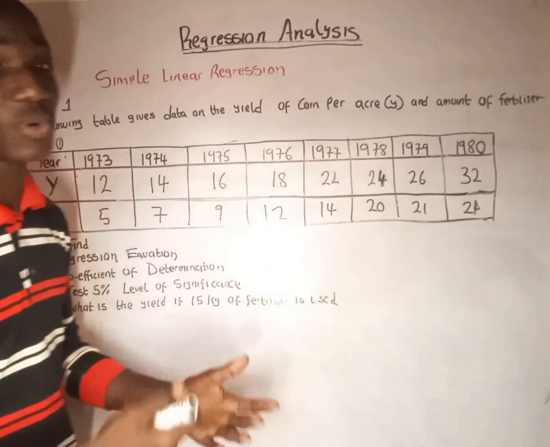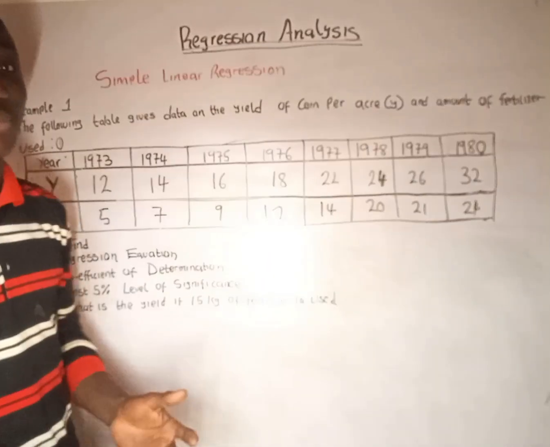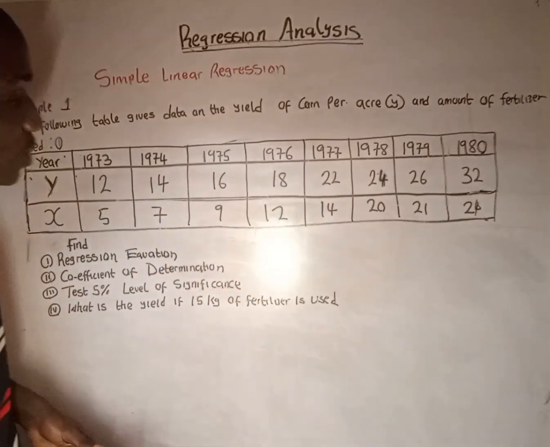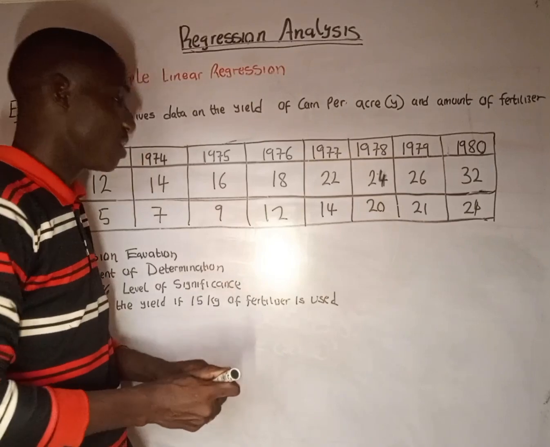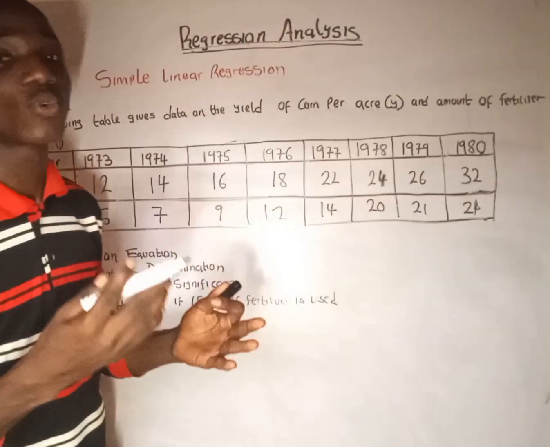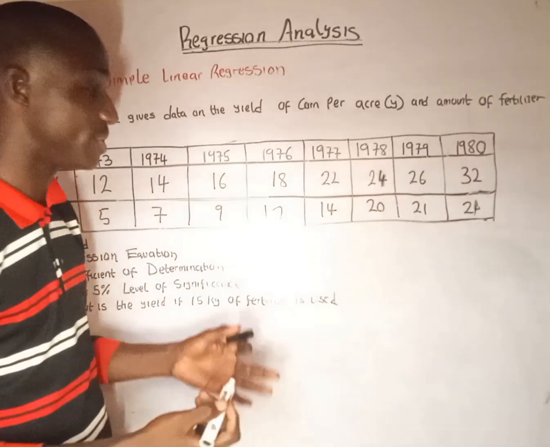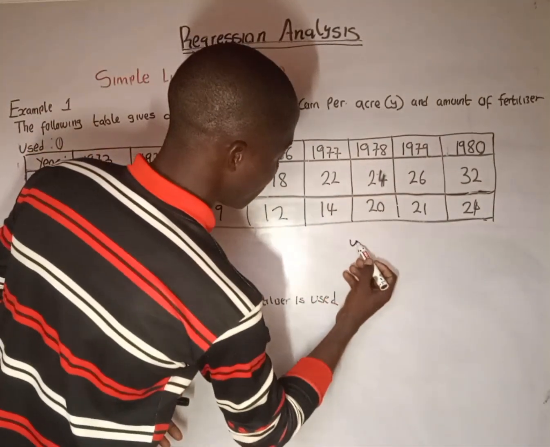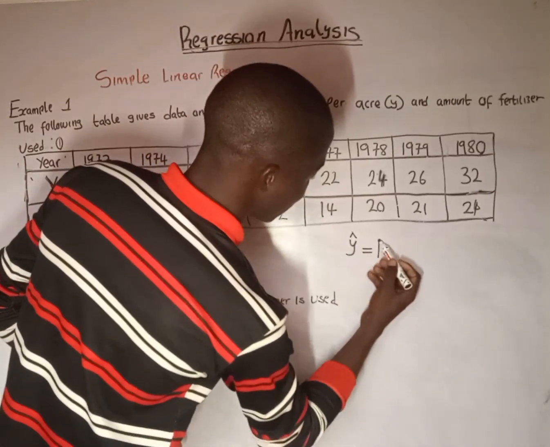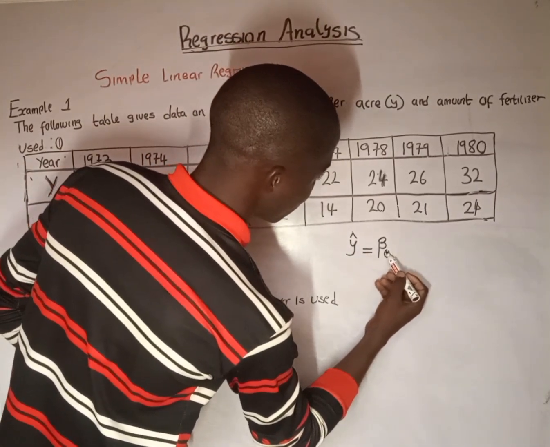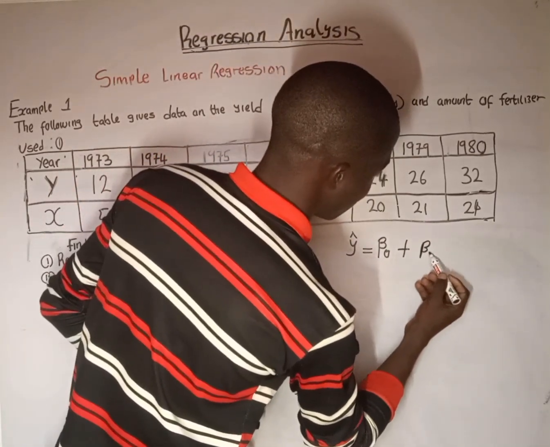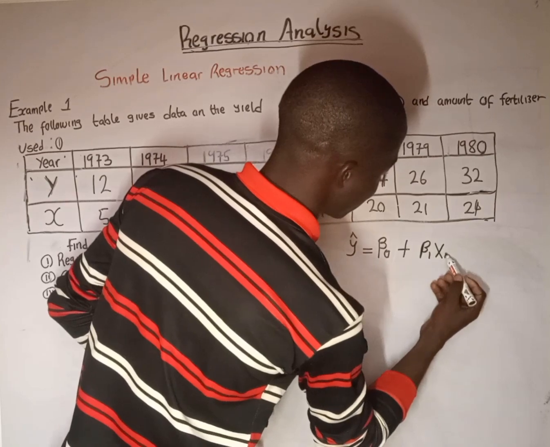Don't forget that in our previous video, I explained what is meant by regression analysis and simple linear regression. I told you that a typical simple linear regression equation can be represented as the predicted value of y equals the intercept plus beta 1 multiplied by xi.